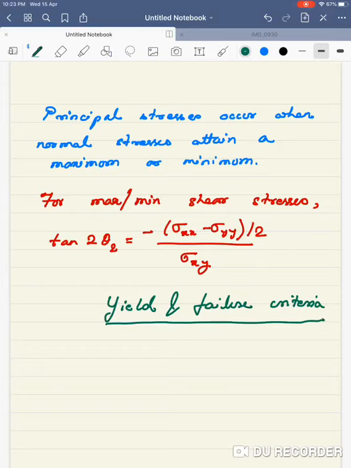Before we even begin, I want to warn you that this is a very complicated area. It is complicated because the yield and failure criteria depend on the particular type of material and the constitutive relationship that governs the material.